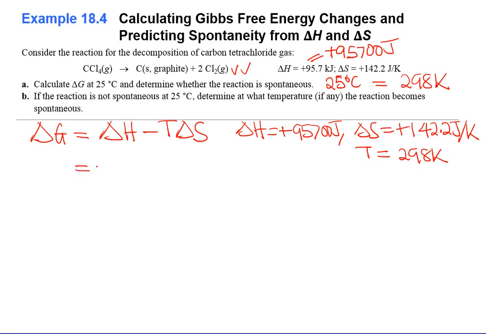So this is equal to 95700 joules minus 298 Kelvin times 142.2 joules per Kelvin. This one is going to cancel with that one, and then you just play around with the numbers.